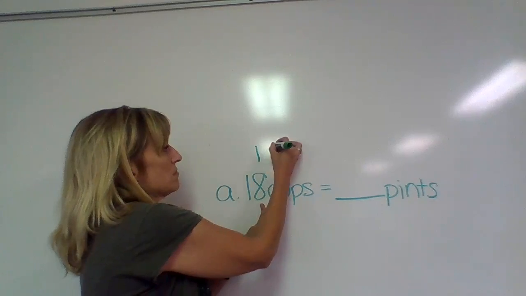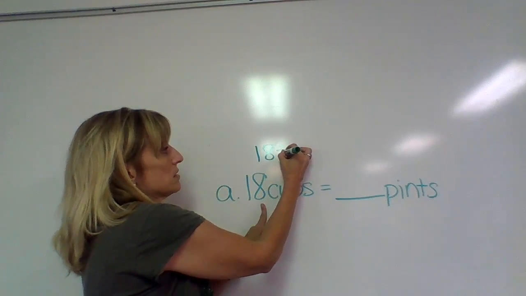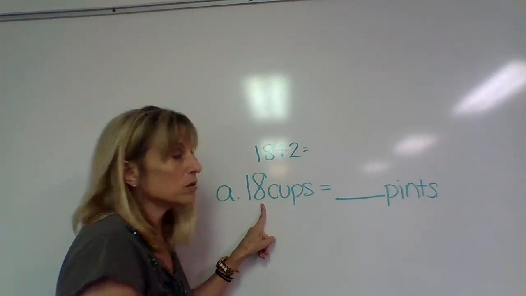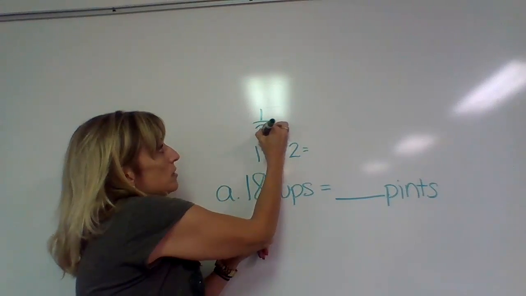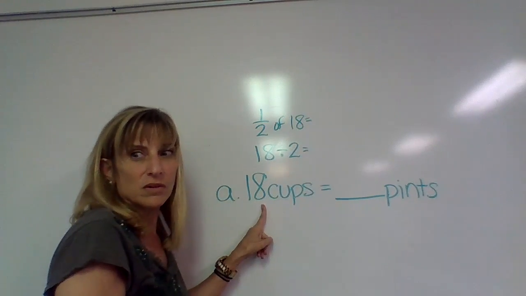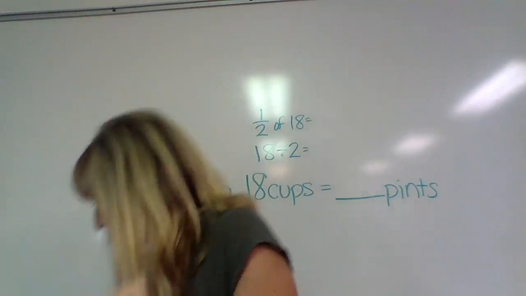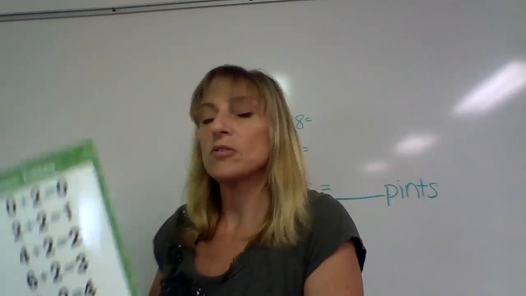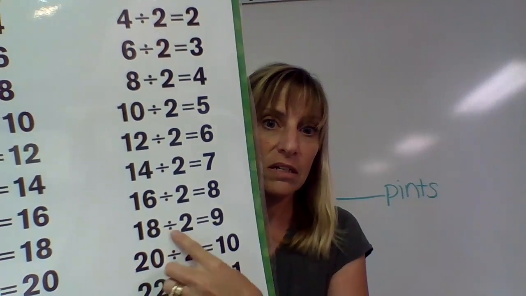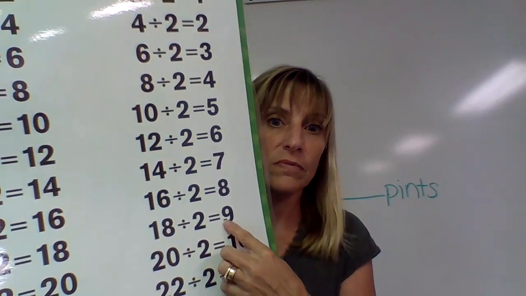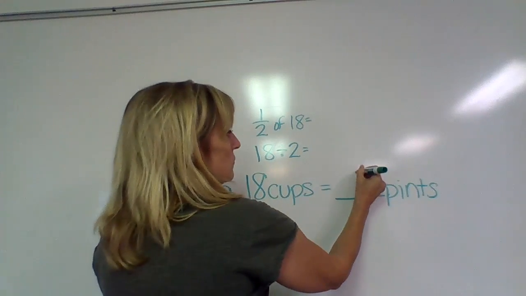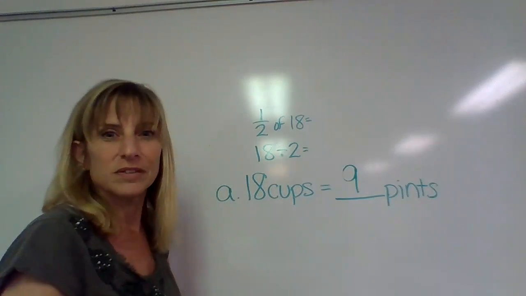So this is the same thing as 18 divided by 2, or 1/2 of 18. Okay, and if you need to go back to your charts, I actually posted these charts. Look, 18 divided by 2 equals 9. Okay, that's the first one.